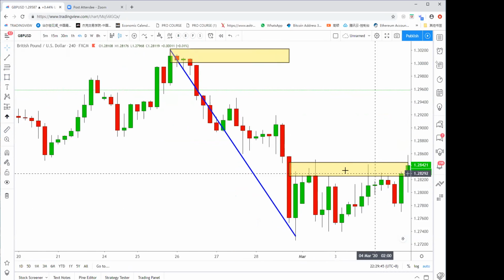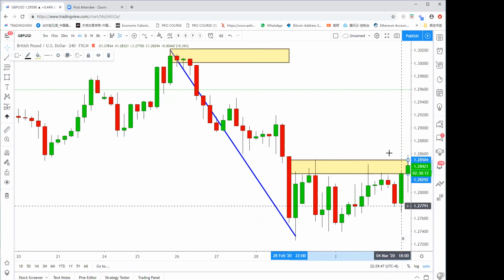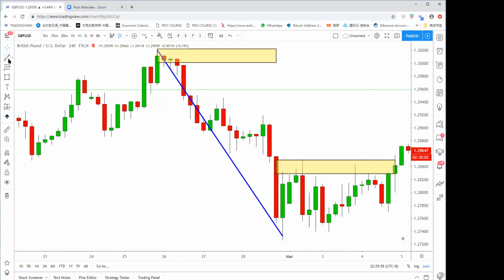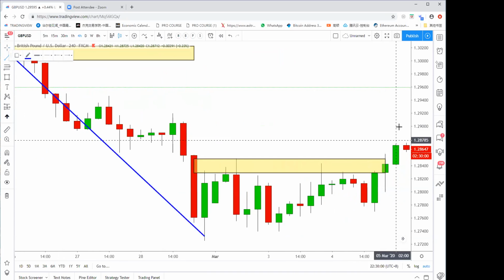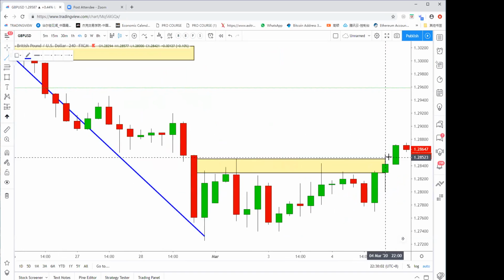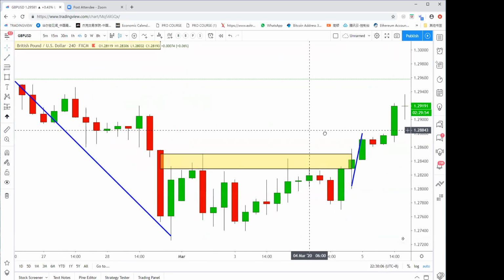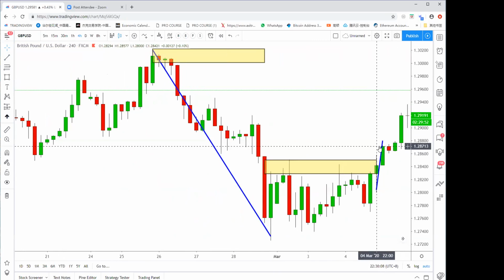Last webinar I said 1.2850 is rejecting the price, and if this price is taken out, it will go up to 1.2980. I think my students will remember the chart. I said we can buy the sterling after this breakout candle. Remember this candle?